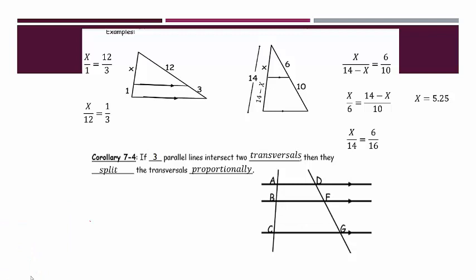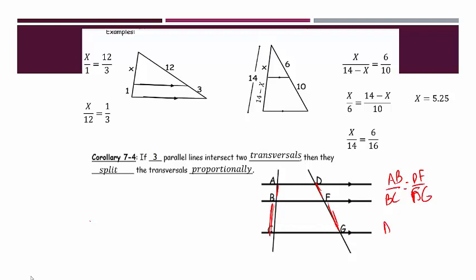The first one, you could have AB over BC, this piece over this piece. Short over long still equals the other short over the other long, FG, this piece over this piece. You could have it reversed: long over short equals long over short.